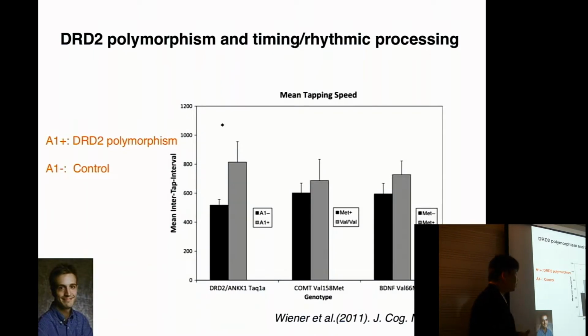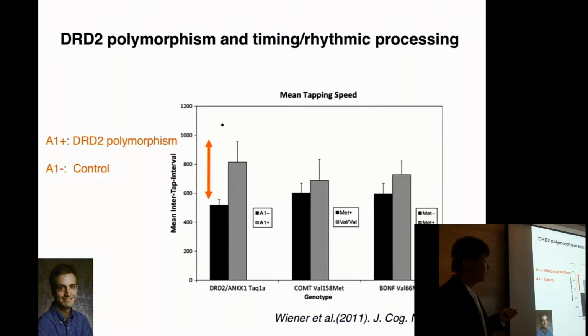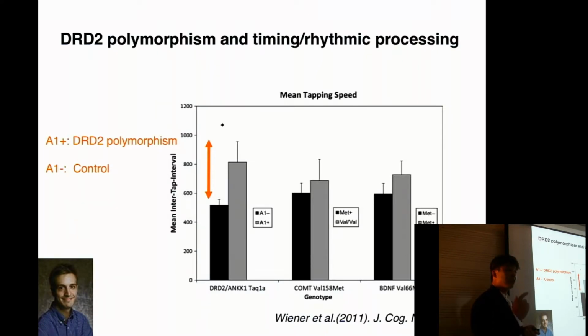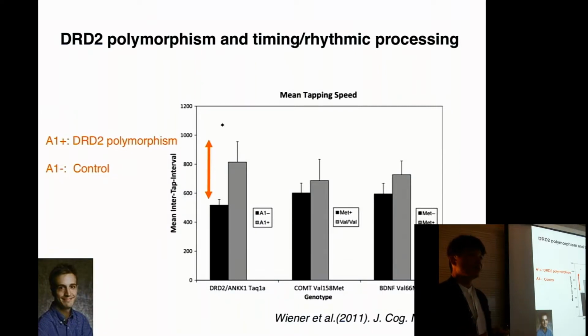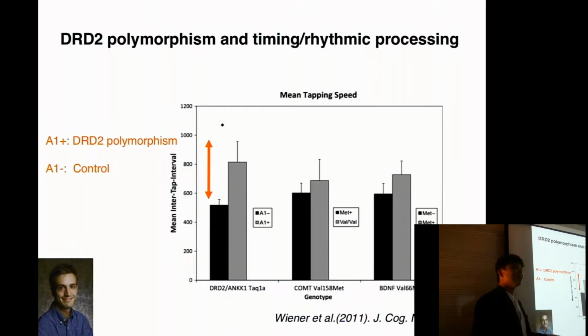That's a DRD2 mutation. Those people move their fingers slowly. The y-axis is the mean inter-tapping interval. They tend to move their fingers rather slowly without any influence whatsoever. So that suggests that somehow their motor processing or temporal processing is inherently slow or compromised.